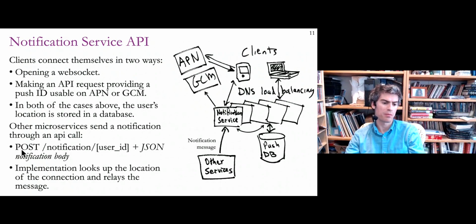And I have this defined here, like POST /notification/userID, and then some JSON notification body that follows a format that my system understands. Regardless of whether the user is on any of those platforms, somehow that notification body is delivered to them. So this microservice would take care of that.